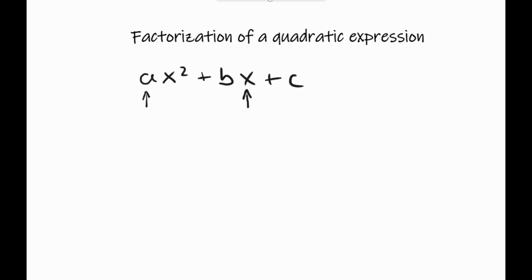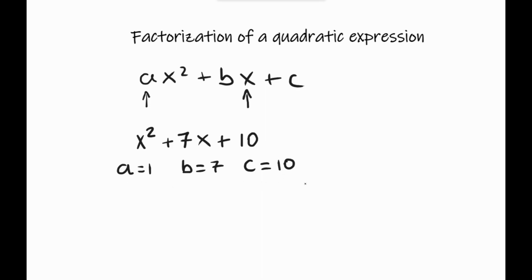term. In our first case, x squared plus 7 times x plus 10 must be factorized. The coefficient a is 1, b is 7, and c is 10.